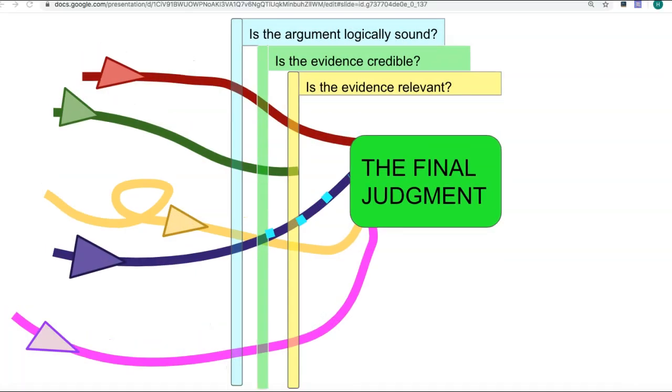So we're done, right? We've collected all our information, we've analyzed it, we've weighed it, we've evaluated it, we've come to a final judgment, we've written our paper. But of course, we're leaving off the most important last question of guided inquiry. What do I do with this information now that I have it? What do I do to make the world a better place?